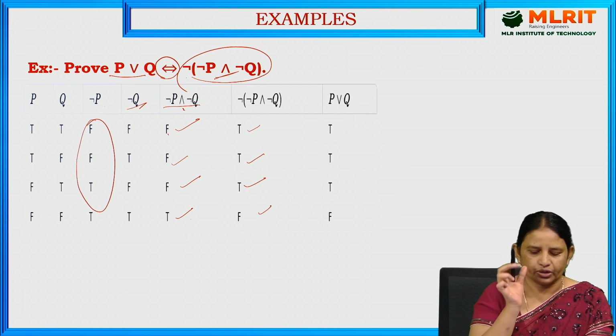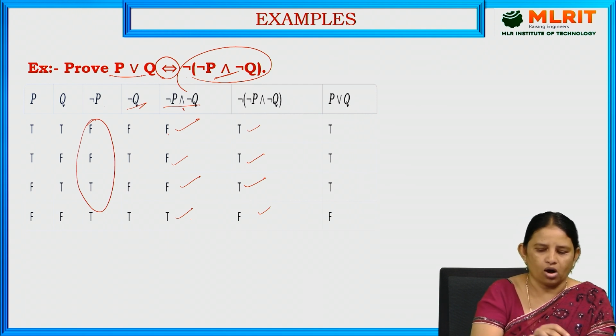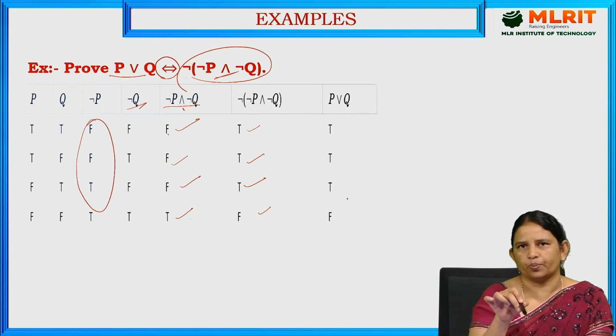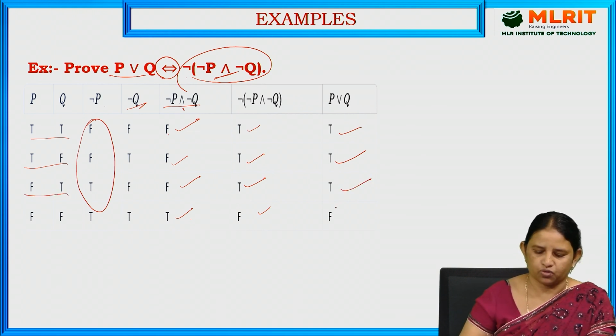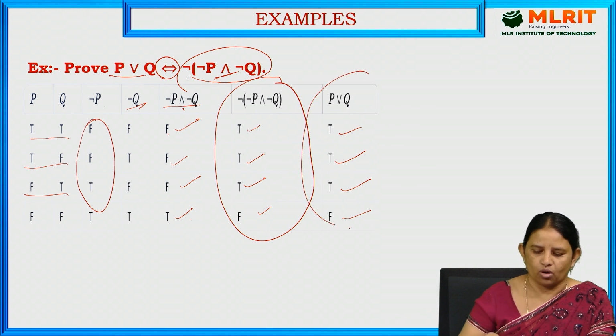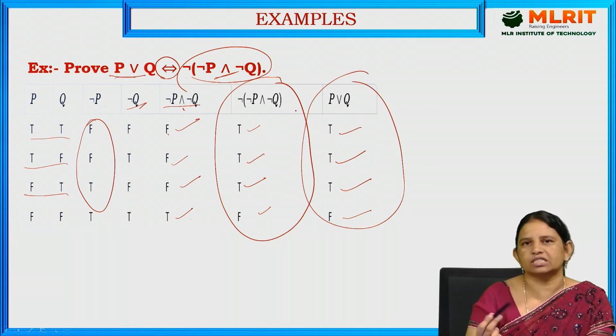After that we need to check with P or Q. P or Q returns false only if both propositions are false: true, true, true only, true, false, true only, false, true, true only, false, false, false only. Observe this column and this column. Here they are equivalent because they produce the same combinations.